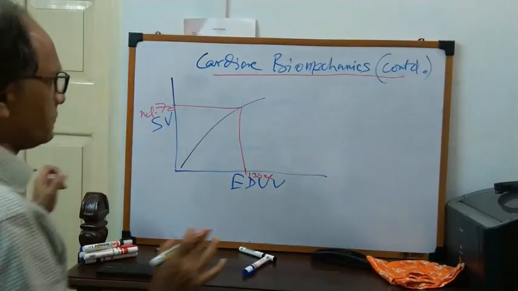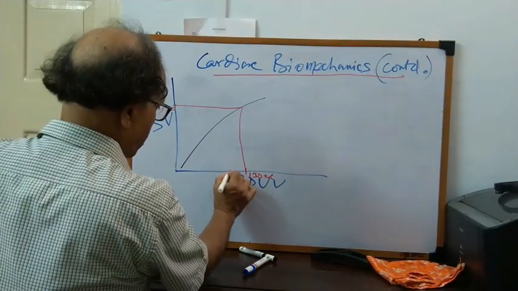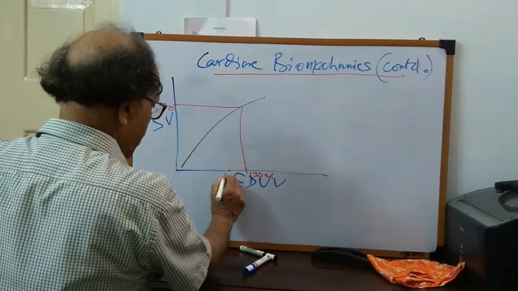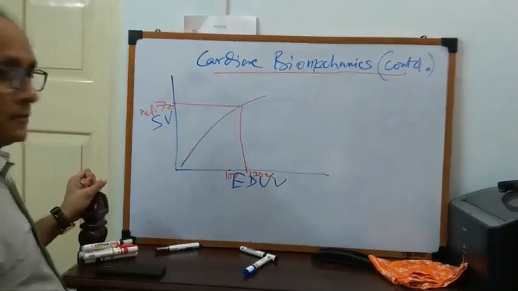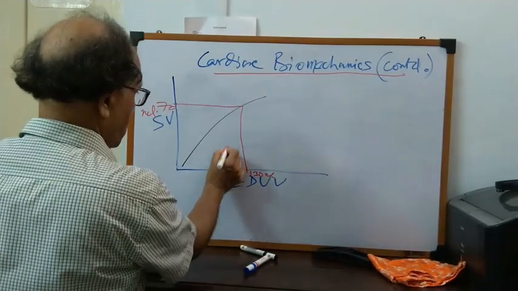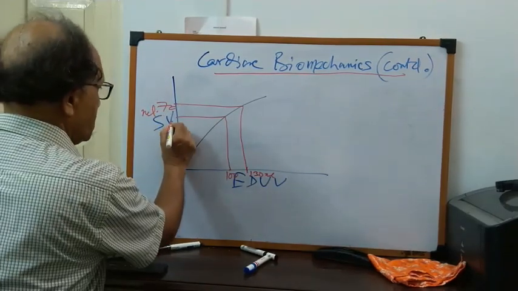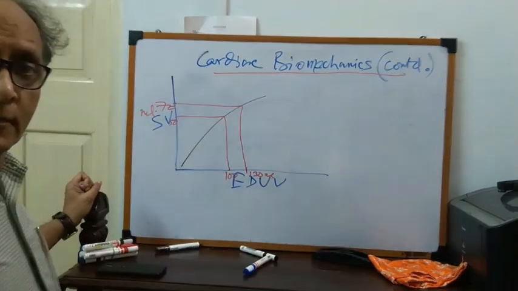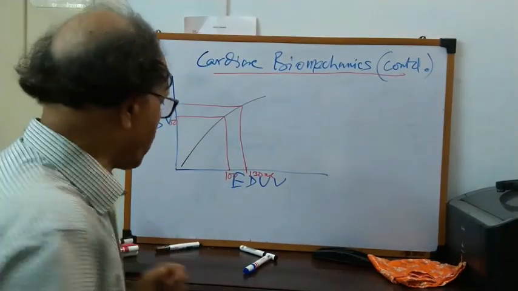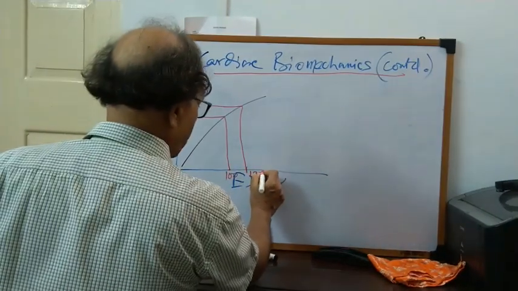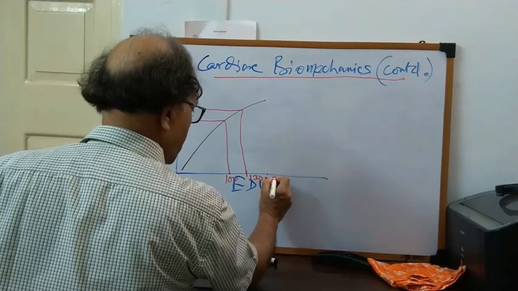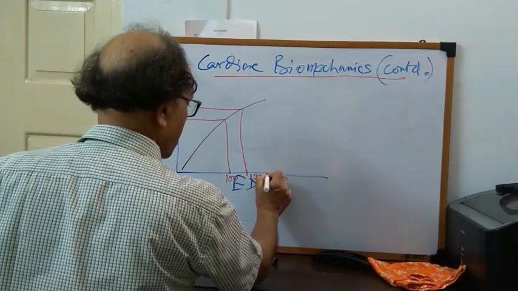Suppose due to any reason whatsoever, the end diastolic ventricular volume is reduced to 100 ml. So what will be the stroke volume? Stroke volume will be reduced from 70 to say 50 ml. Or due to any reason whatsoever, the end diastolic ventricular volume is increased from 130 to 150 ml. So what will happen?